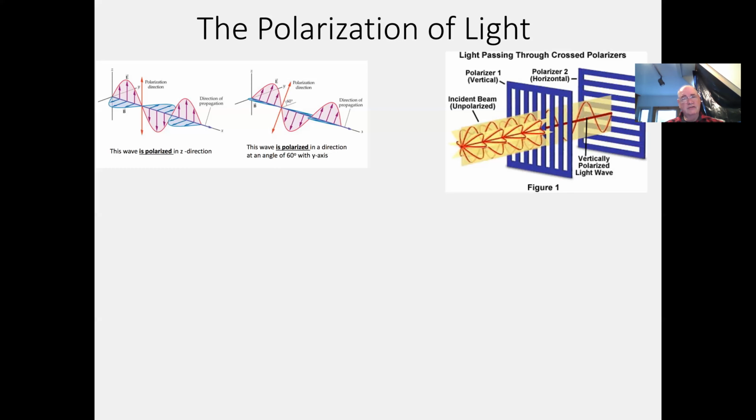This is the basis of polarized sunglasses. All the light is coming through, but if the light is polarized, particularly in one kind of way, and you filter that out, you'll be dimming the light quite a bit. You won't be changing the character of the light that's coming through.